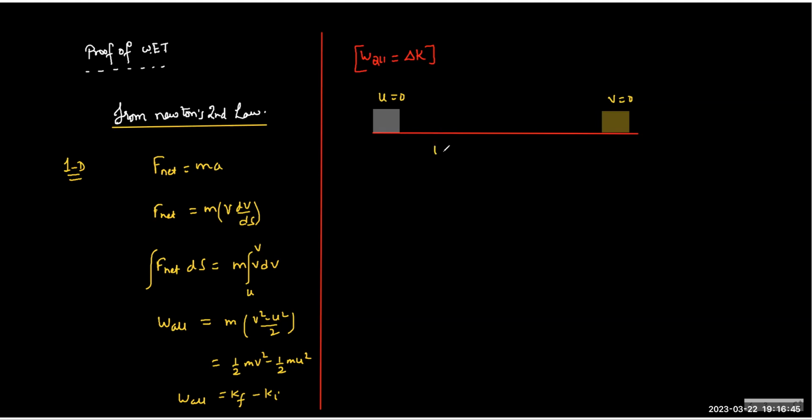In such a case, the work done by all forces must add up to 0, right? Because the initial kinetic energy is 0, and the final is also 0. And because delta K is 0, in all situations in which you start from rest and end up at rest, the work done by all forces will add up to always 0, which means some force will do positive, some force will do negative work. Is this clear?